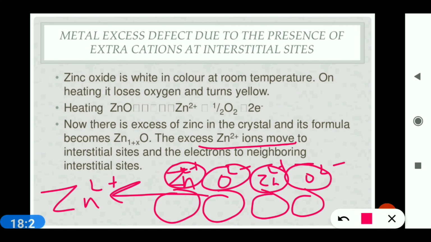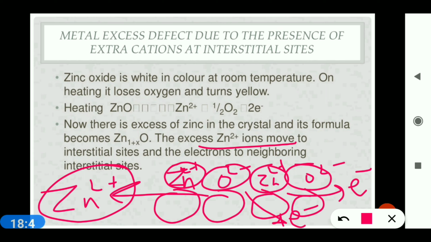Excess Zn2+ ion will come, and in order to maintain electrical neutrality, for Zn2+, 2 electrons will also come. In this way, there is an extra positively charged ion, and we call it metal excess.